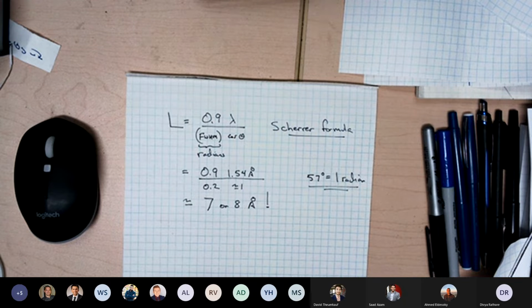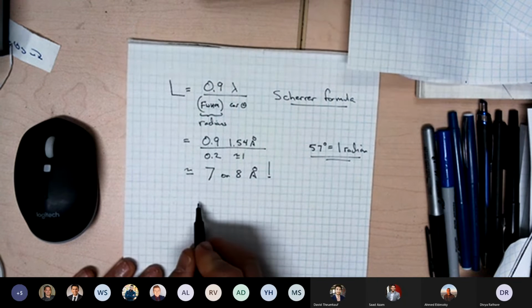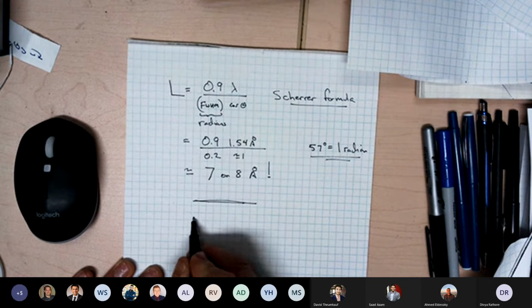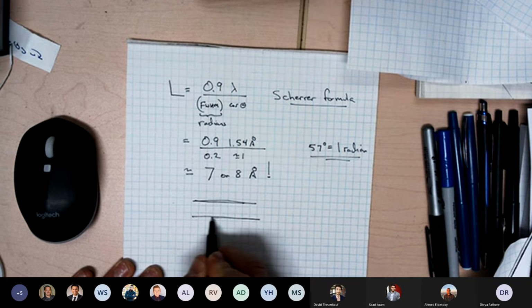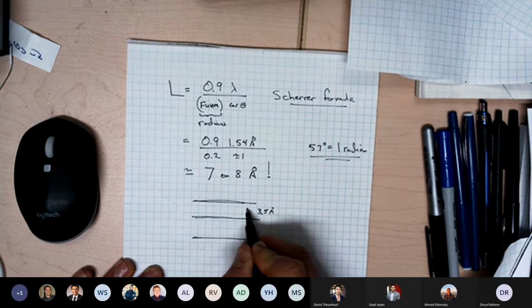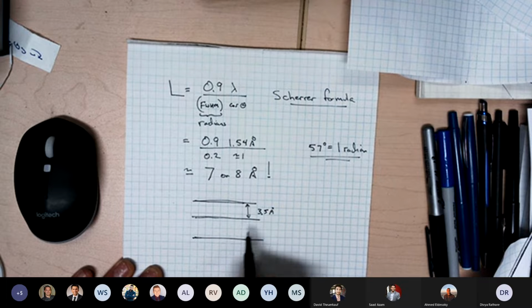So what does that mean? It means that if spacing between carbon sheets is about 3.5 angstroms, when the peak is so broad, it just means there's a few of them. That's all.